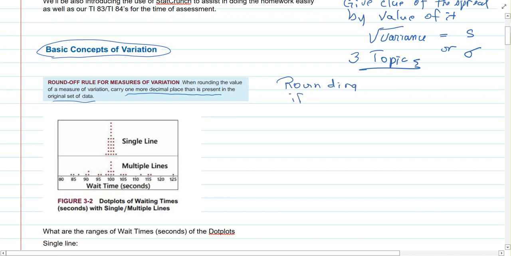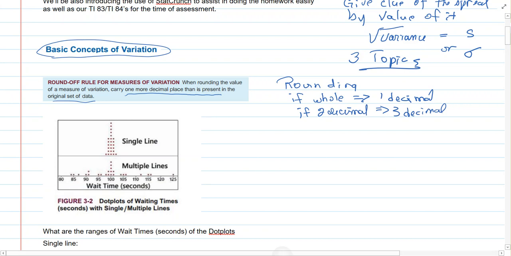If a whole number, then one decimal. If two decimals are in the data, then three decimals. That's all it means because of the accuracy of what we're trying to achieve.